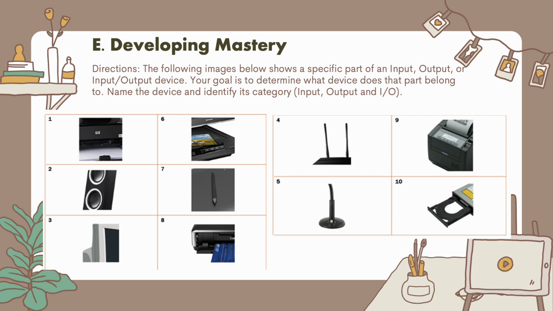Digitizer tablet. Digitizer tablet is input. 8. Printer. Printer, to be exact, it is a bubble jet printer. It is output. Ay, I'm sorry.